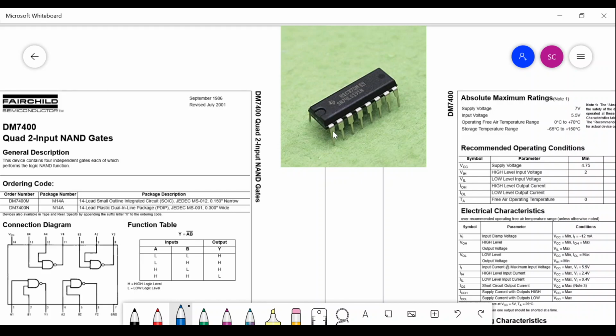If you look at the groove directly, the pin to the left side of the groove is pin number 1. That is by convention. This is why the groove has been placed, to help the user identify pin number 1. And from here the counting starts like this and then goes in this order.